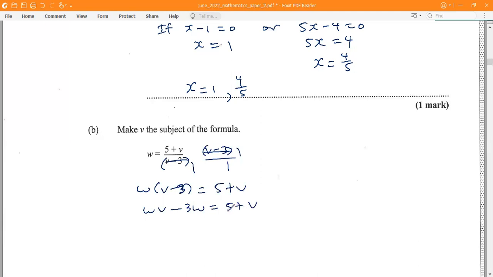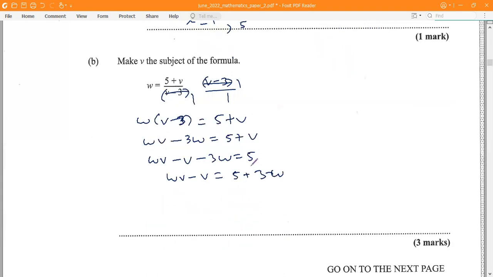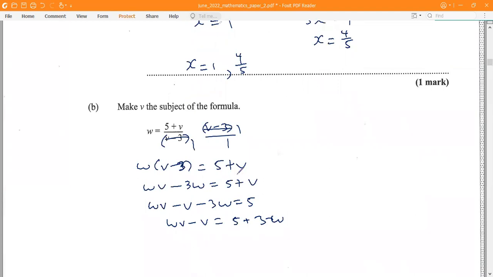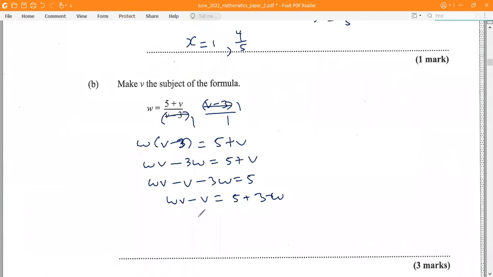We want to get the v's on one side, so that's minus v from both sides. Now let us add 3w to both sides, so we get 5 plus 3w. Let's add w here. And just factorize out the v. W minus 1, right?